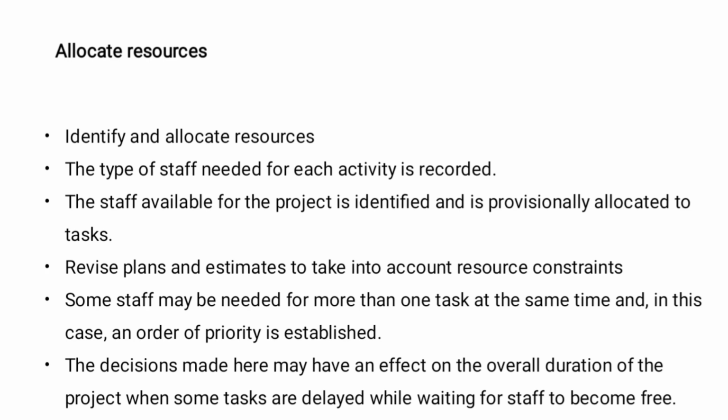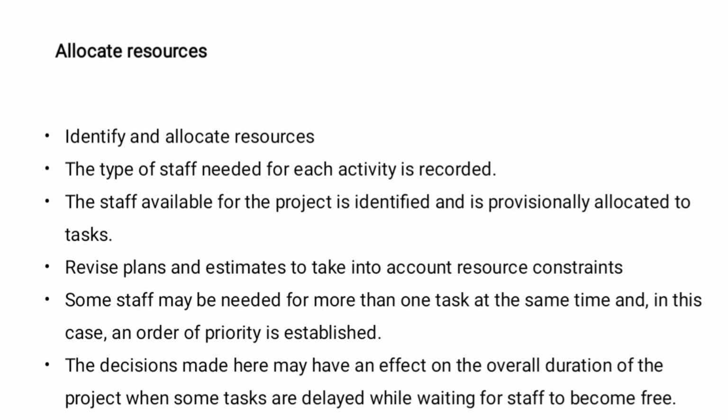Allocate resources. The type of staff needed for each activity is recorded. The staff available for the project is identified and is provisionally allocated to tasks. Revise plans and estimates to take into account resource constraints.